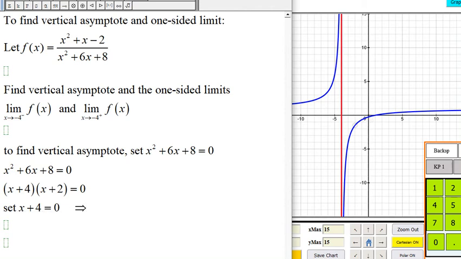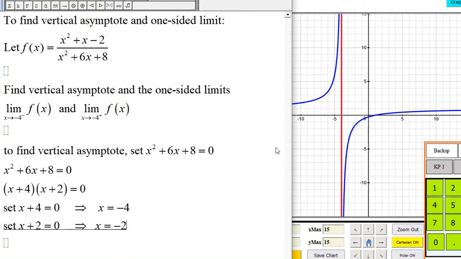From here, subtract 4 from both sides, we get x equal to negative 4. And then next, we set x plus 2 equal to 0. Subtract 2 from both sides, and we get x equal to negative 2.